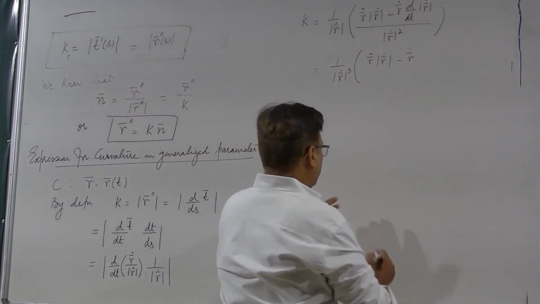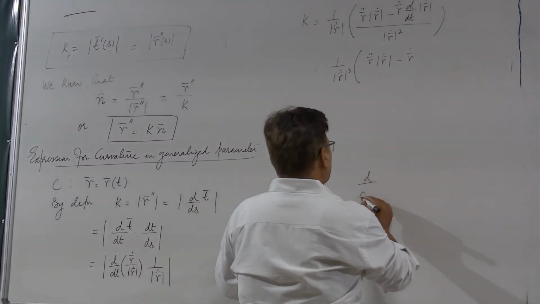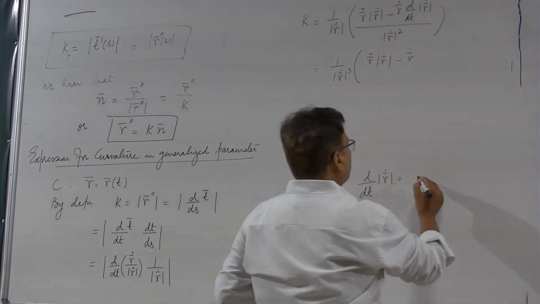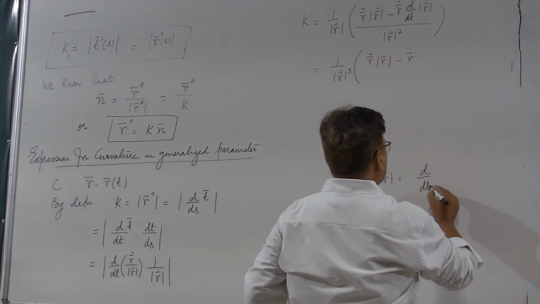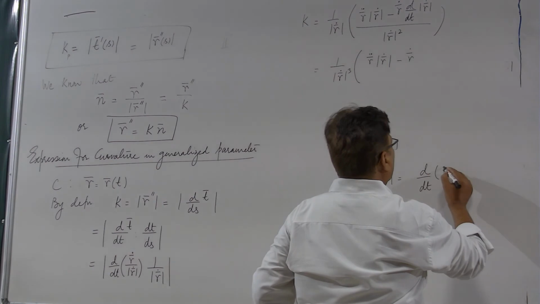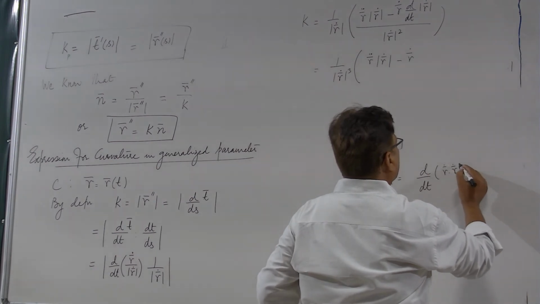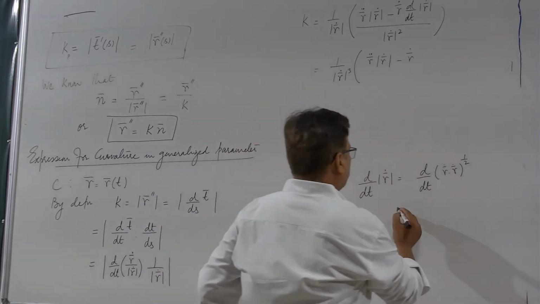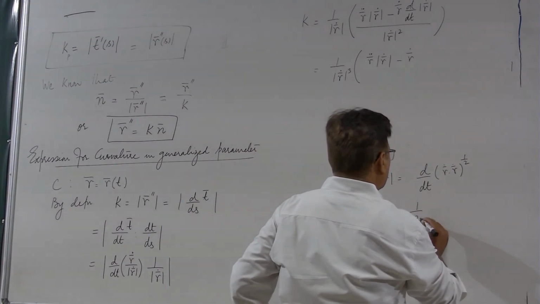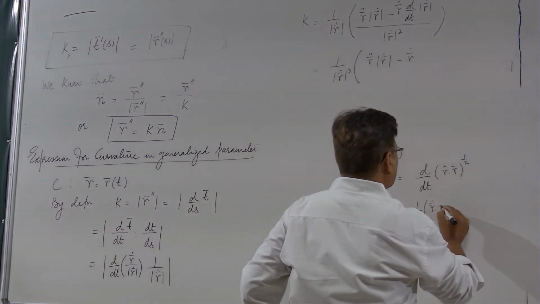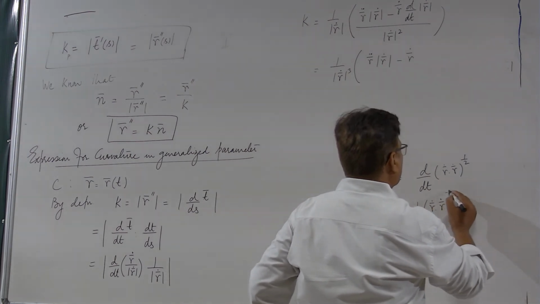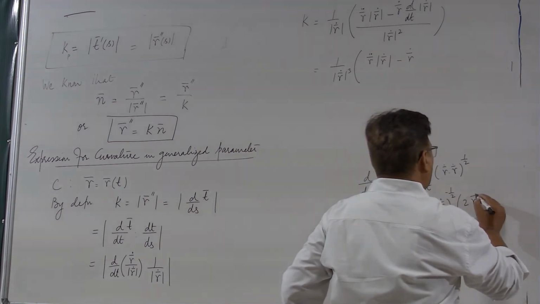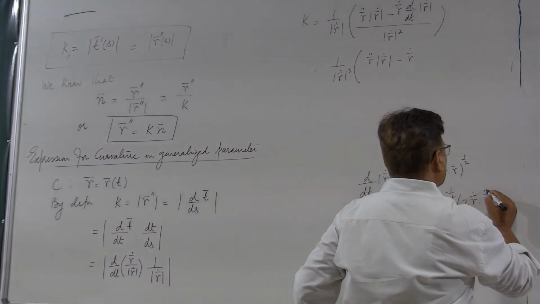Let me compute d by dt of mod r dot. We write it as (r dot . r dot) whole to the power half, and this can be differentiated as half into (r dot . r dot) whole to the power minus half into 2 times r dot . r double dot.